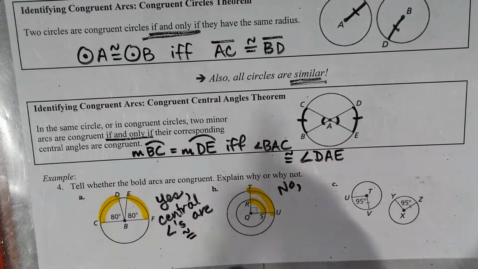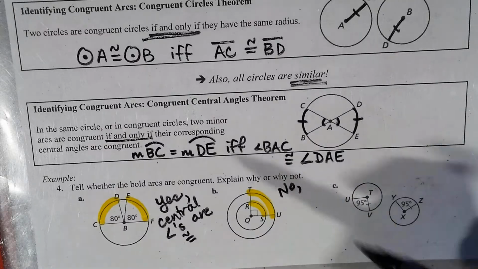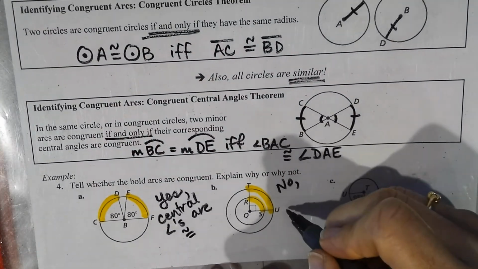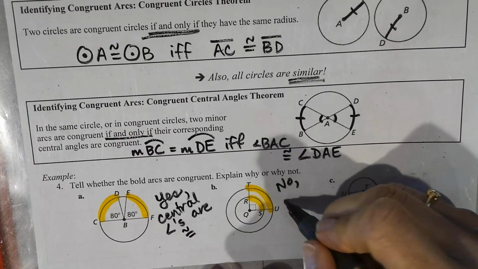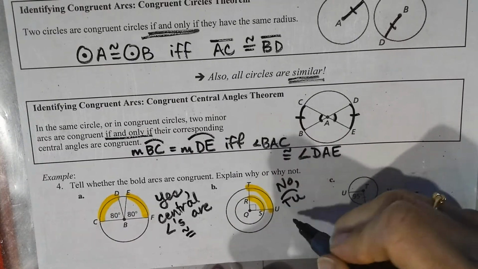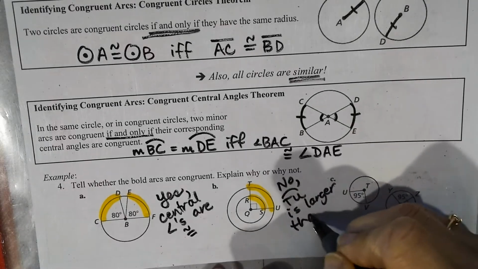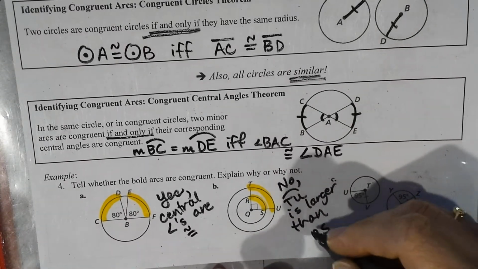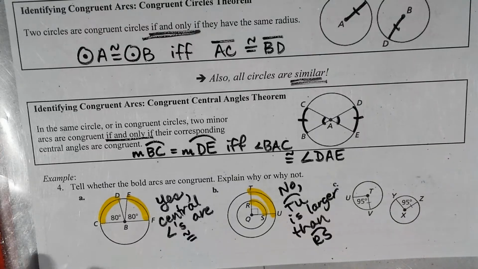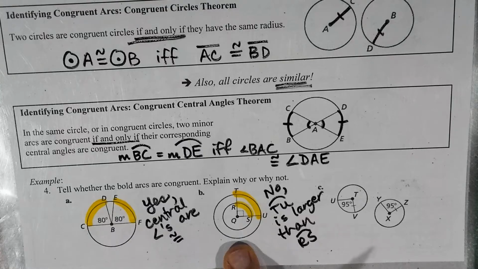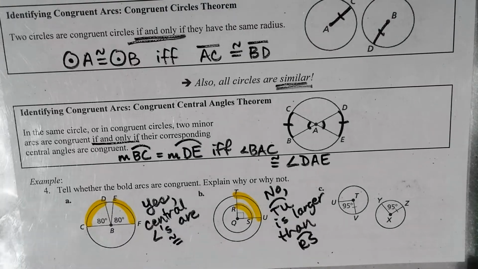So the arc is 90 degrees, but clearly this one's larger, right? TU is larger than RS. So they're what we call concentric, but they are not congruent.